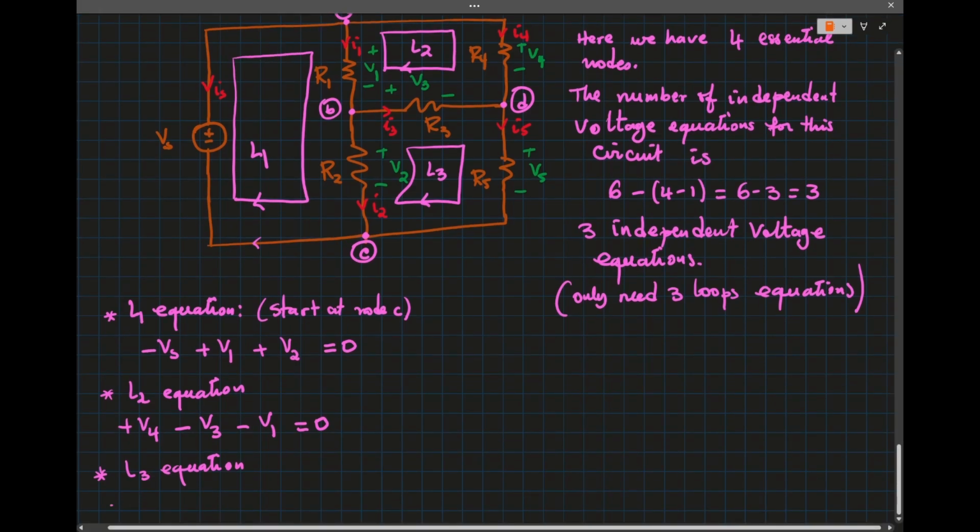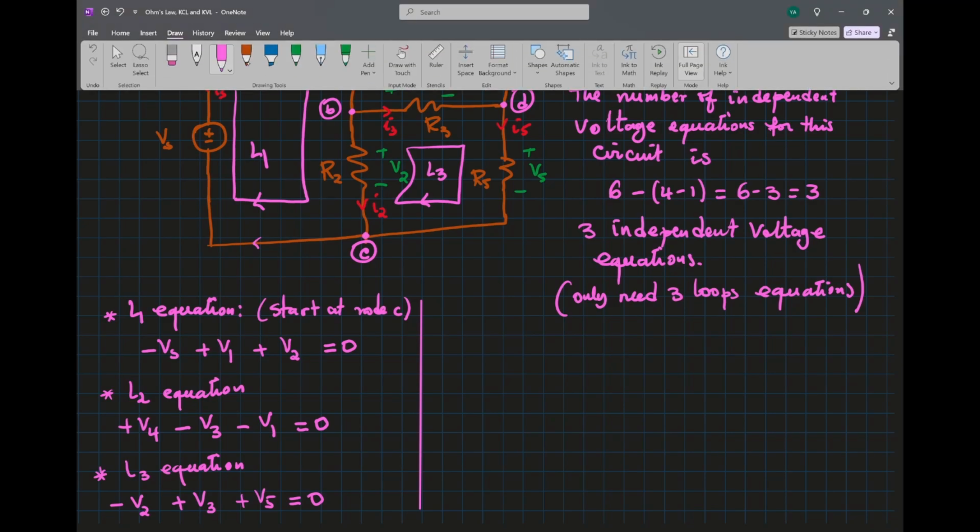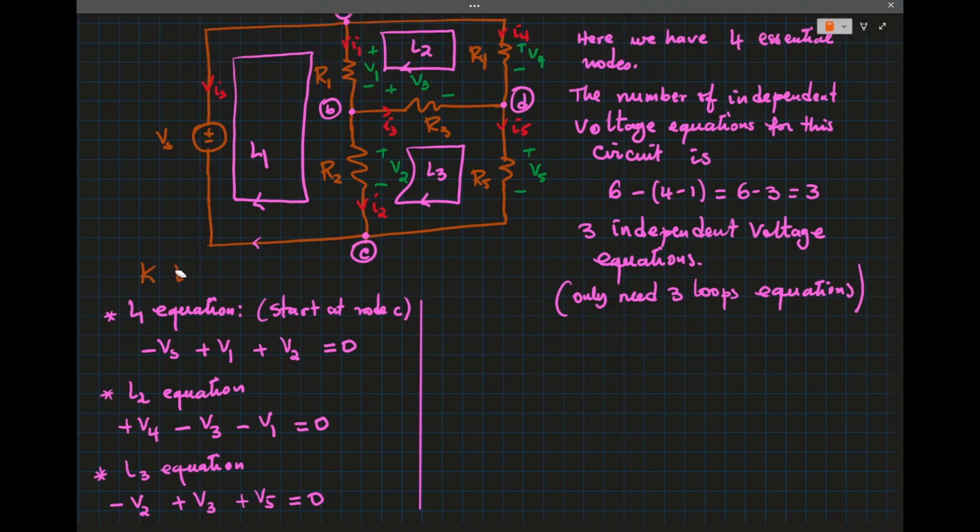So I have negative V2, because I come across the negative polarity of that voltage first, so negative V2 plus V3 and plus V5, and then come back to node C, so equal to 0. So now I have my KVL equations.